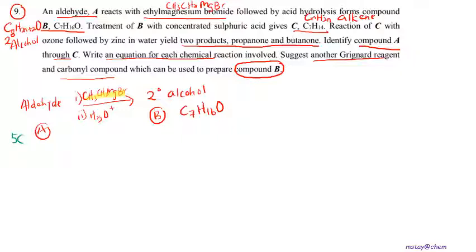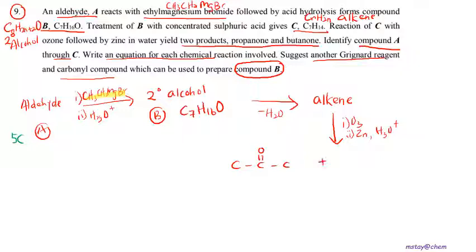And then this secondary alcohol, when it undergoes dehydration and removes H2O, will produce an alkene. Then this alkene undergoes ozonolysis to produce propanal, which consists of 3 carbons, and another one, butanal, which consists of 4 carbons. This alkene is C7H14.